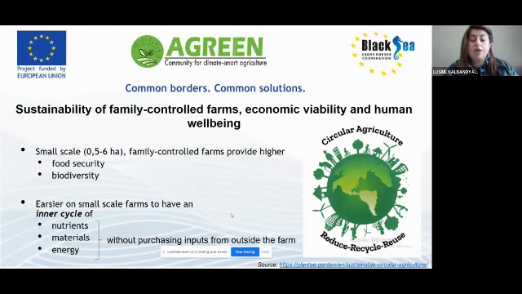Family farms maintain the traditional food, at the same time contributing to the conservation of local agrobiodiversity and the sustainable use of natural resources. In the same geographic area and climatic conditions, higher food security and biodiversity are more achievable with small-scale family-controlled farms than with enormous monocultural fields.